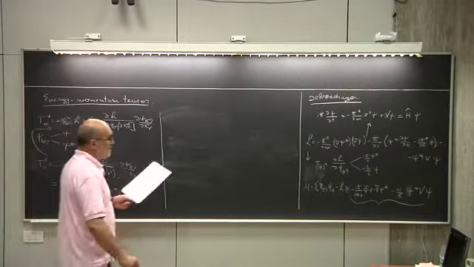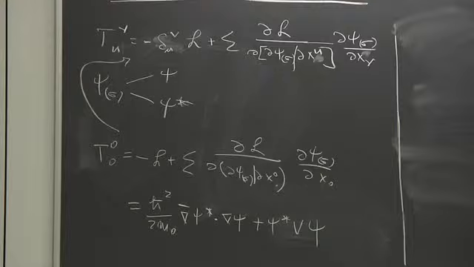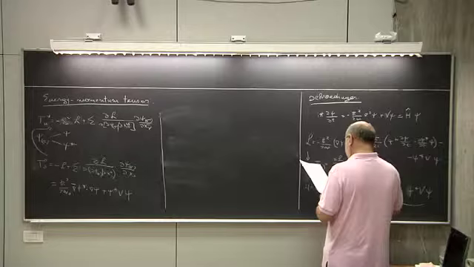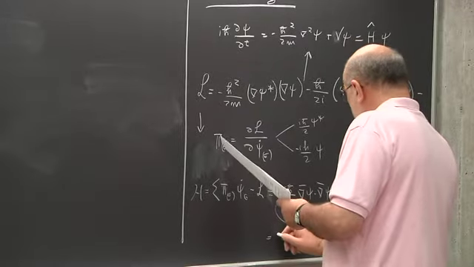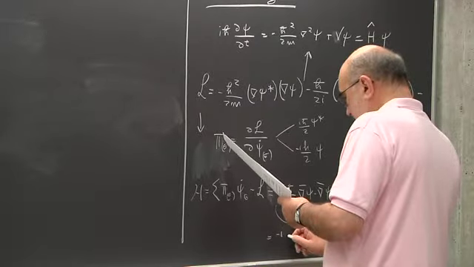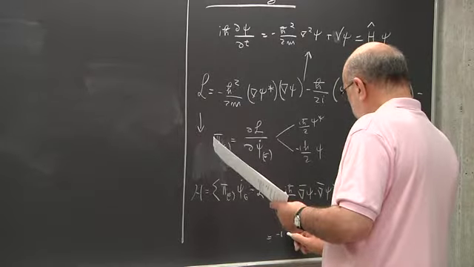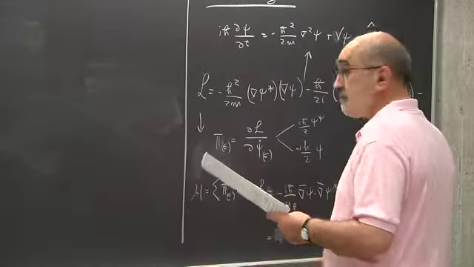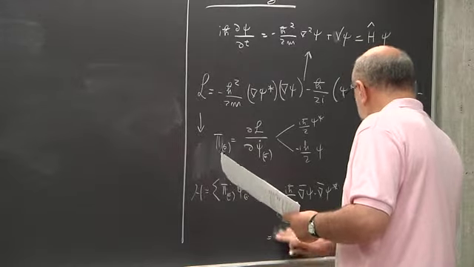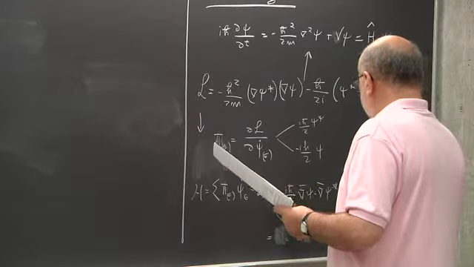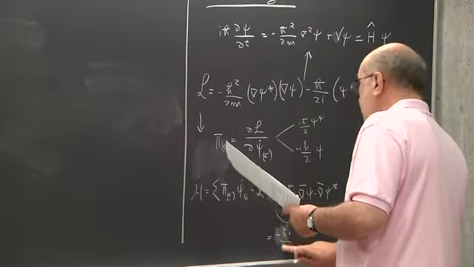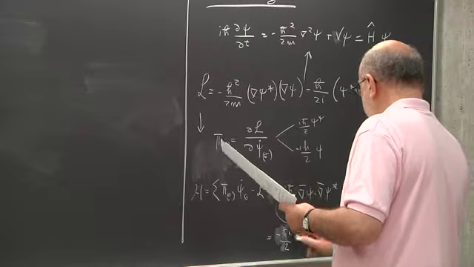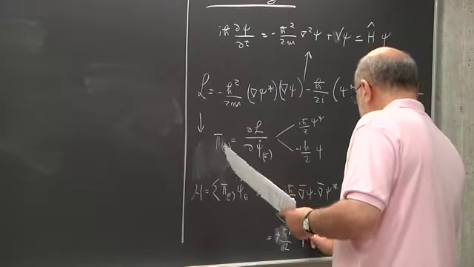Okay, there is something that does not work. So this one I can write as the following: minus i, let me see, if I multiply by h bar, I have h bar squared, and the 2m is there, so this is plus i, so it is i T00.